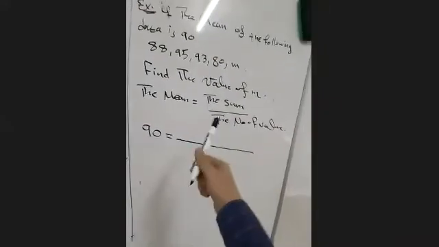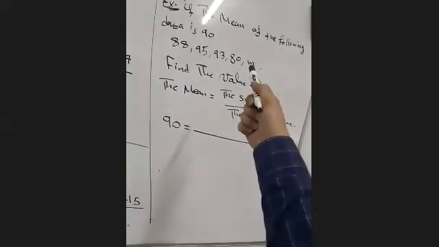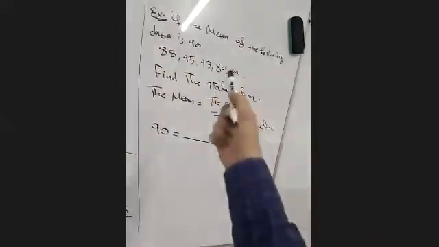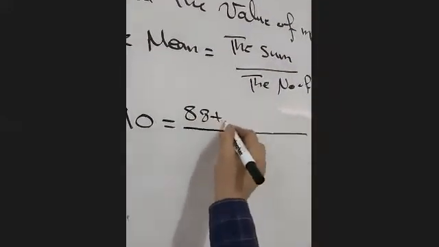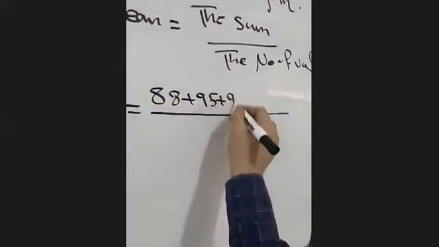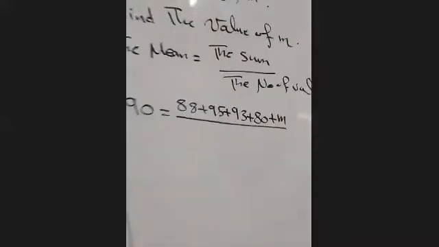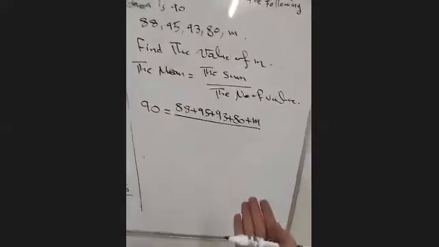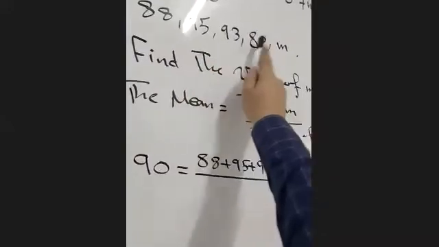The sum means you will add the numbers, the total of all of these numbers including M. So it is 88 plus 95 plus 93 plus 80 plus M, divided by how many numbers we have? 1, 2, 3, 4, 5. 5.